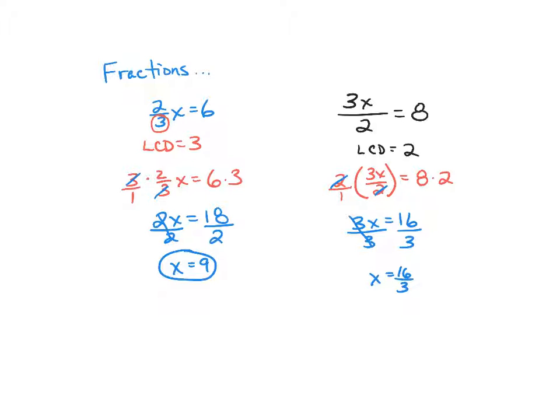I could change that by dividing 3 into 16. 3 goes into 16 5 times. 3 times 5 is 15, so I get 5 1/3. So x is equal to 5 1/3, or if I wanted to write it as a decimal, I could say 5.3 with the 3 repeating.